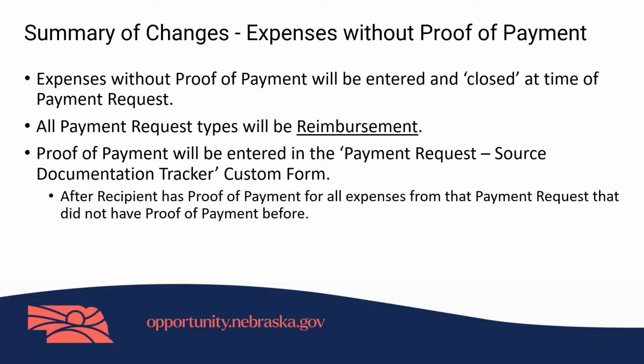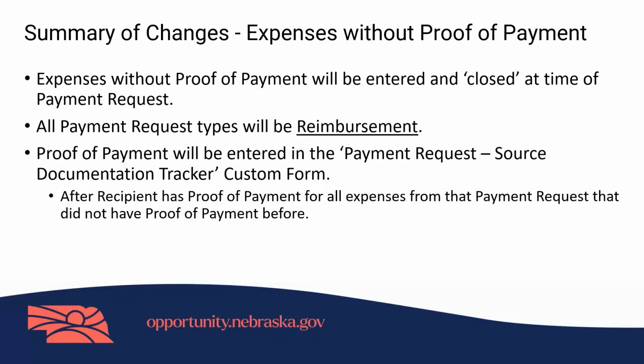Now, when you do not have proof of payment at the time of payment request, you'll get paid, and then you'll be able to receive that proof of payment, whatever you were waiting for. Once you do have that, you're going to create and enter information in a custom form, which you should be somewhat familiar with.